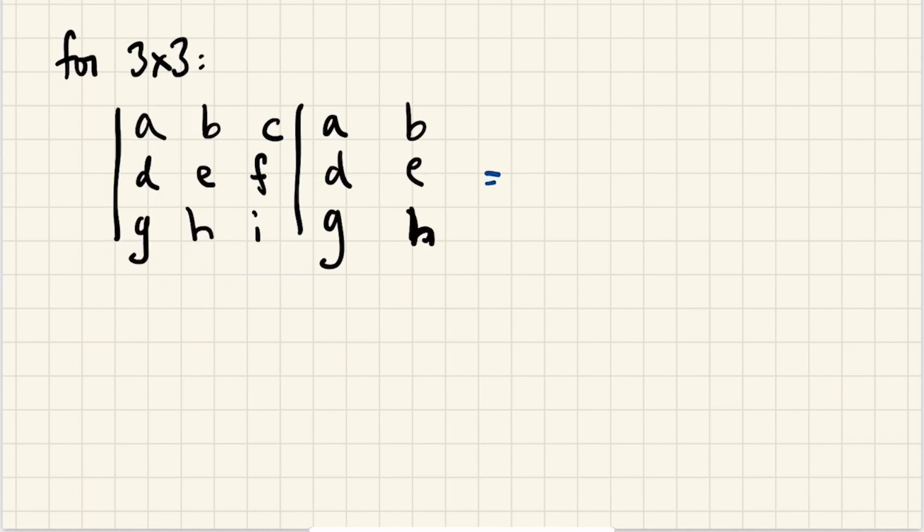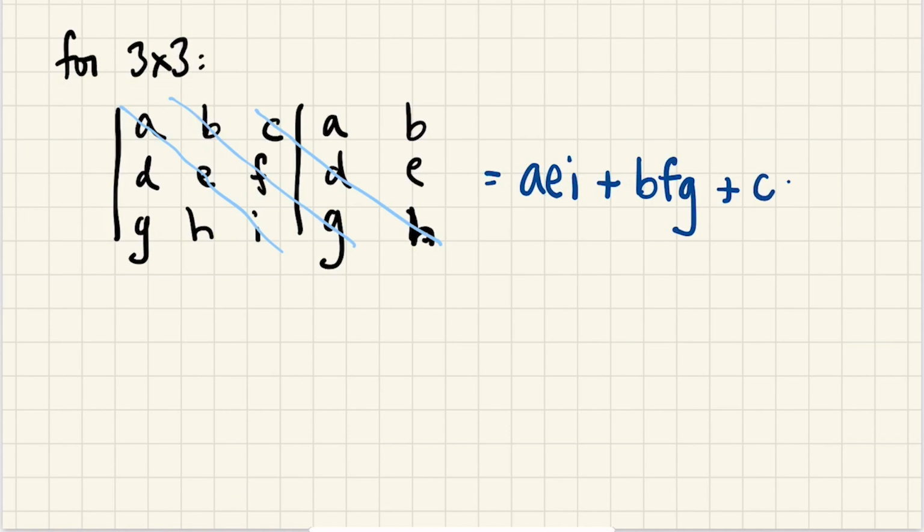And what you do is you take the first three diagonals and multiply their entries together and add the products. So we have the first diagonal, which is a times e times i, plus the second diagonal, which is b times f times g, plus the third diagonal, which is c times d times h. So these guys are each being added in to your final answer.